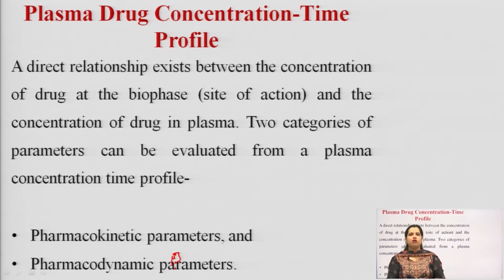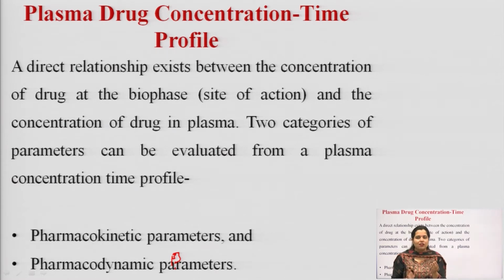Two categories of parameters can be evaluated from a plasma concentration time profile. Plasma concentration, that means how much drug is reaching the systemic circulation, or we can say the blood component or plasma.